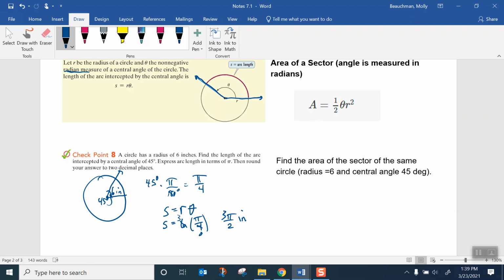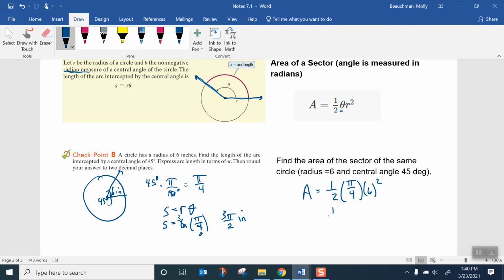The area of a sector, using this same picture, the area of a sector is 1/2 times the angle times r squared. So remember, the area of a circle is pi r squared. So this is derived from the area of a circle using the central angle theta. So to find the area of the sector of the same circle with radius 6 inches and central angle 45 degrees, we use area equal to 1/2 times the angle in radians, pi over 4, times the radius, which is 6, squared.